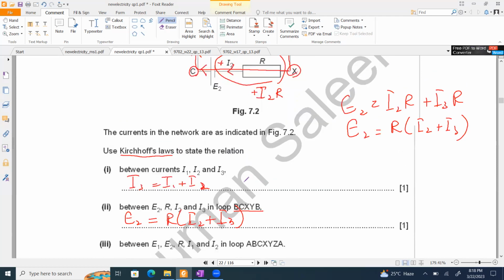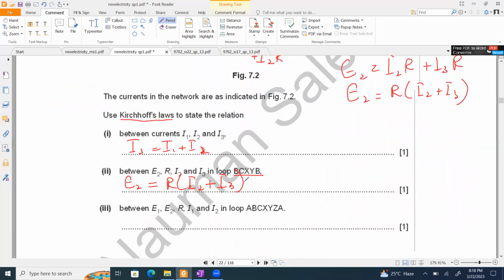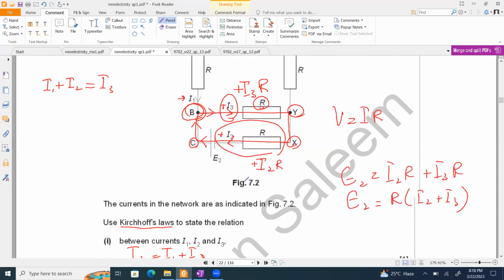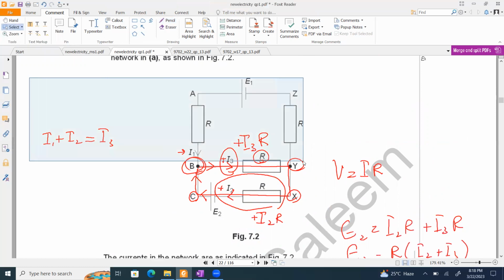Okay. The last part is left, and they say between E1, E2, or I1, I2 in the loop A, B, C, X, Y, Z, A. I'm getting back to the diagram.